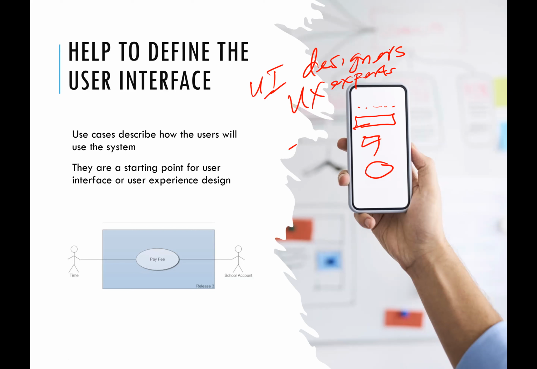Remember, when we were looking at use cases for the ATM, we said withdraw cash, deposit funds. When we're looking at Winnie's online shop, we said buy fabric. That should tell you that there should be an interface for people to buy fabric. There should be an interface for people to customize what they want.